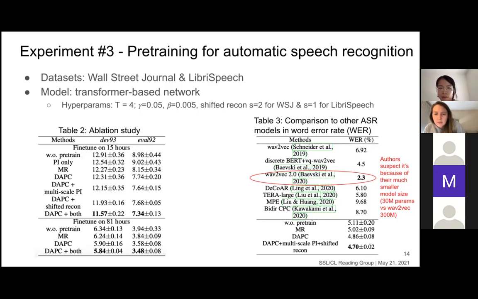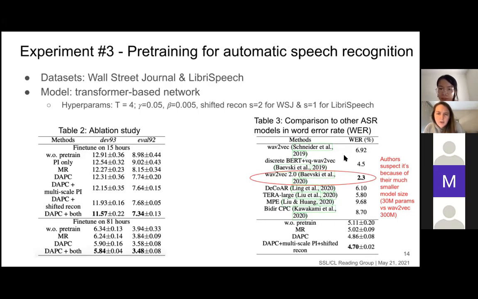I don't remember they mentioned that. Personally I'm not familiar with wave2vec, so I can look into it and see what this model is exactly doing. This is only just their suspicion. They didn't do any ablation study either.